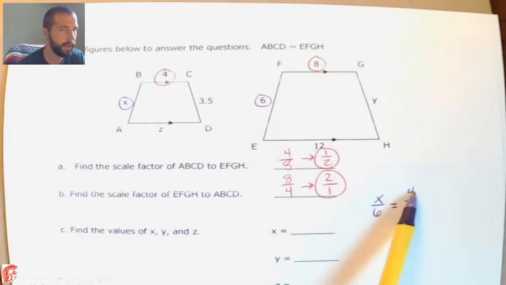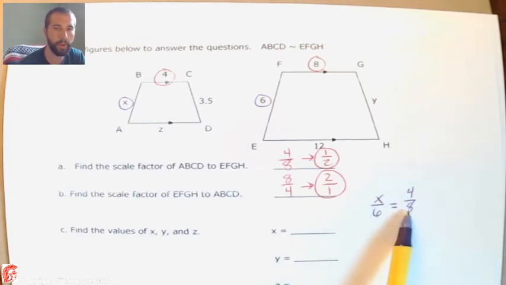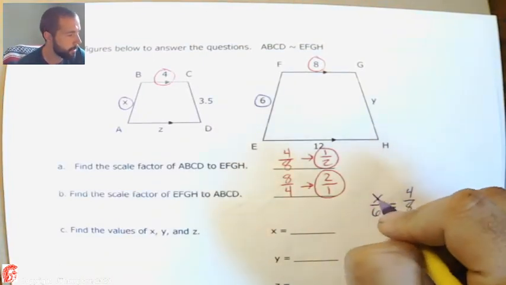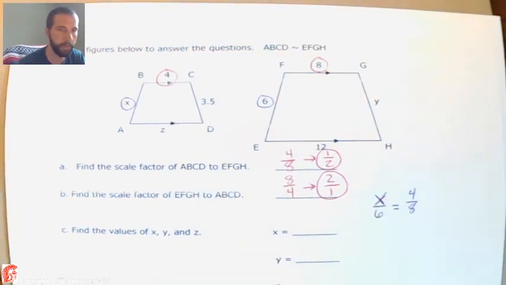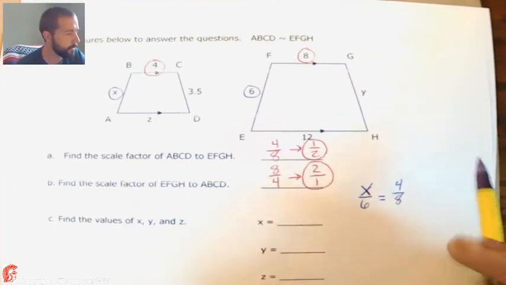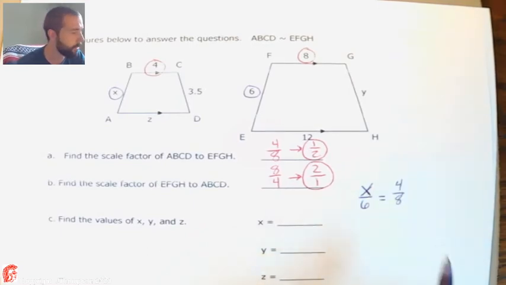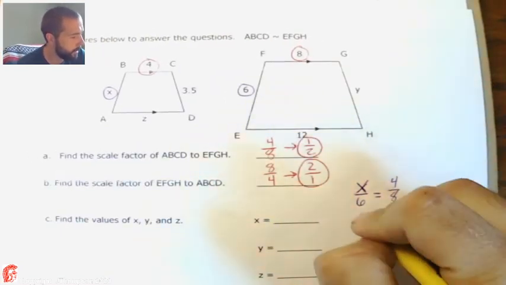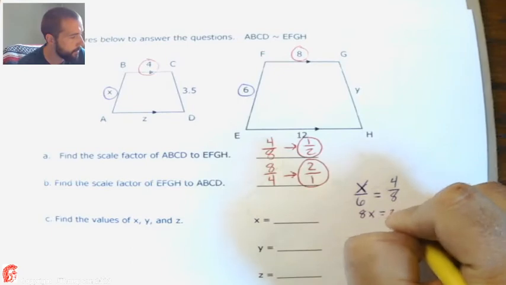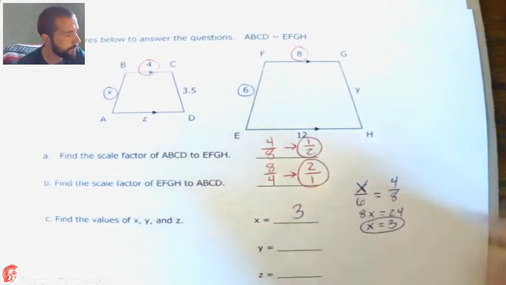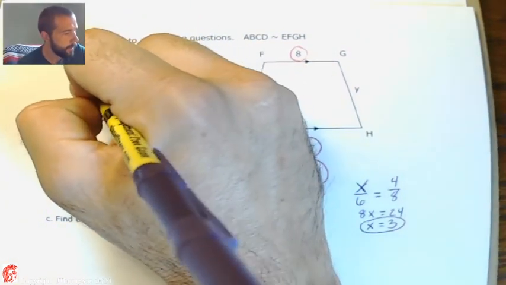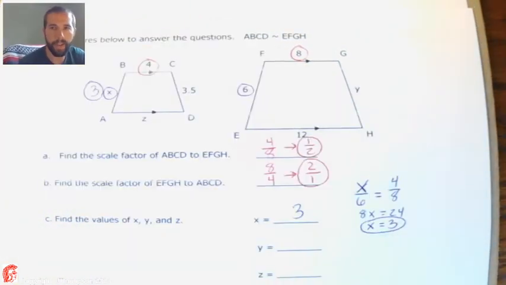So you always have to just find one variable at a time. Make sure that your proportions only have one missing variable. Otherwise, you won't be able to solve it. Cross multiply, we can reduce first and then cross multiply. Either way, I'm going to get 8x equals 24, and then you get that x is equal to 3. So I'll put a 3 there since we have it now.